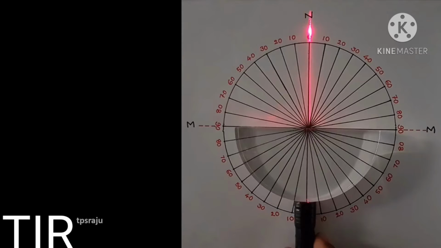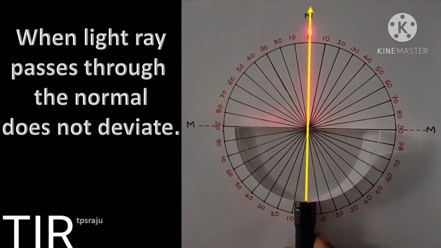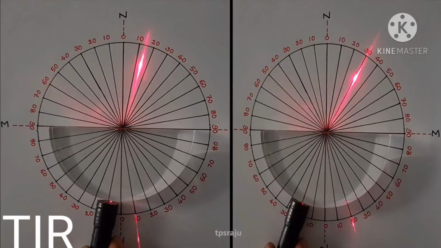We can understand about critical angle and total internal reflection by using this activity. Here, my dear children, observe the activity carefully. When light ray passes through the normal, does not deviate. When light passes through 10 degrees, it refracts at 15 degrees, and some part of light reflects at 10 degrees.